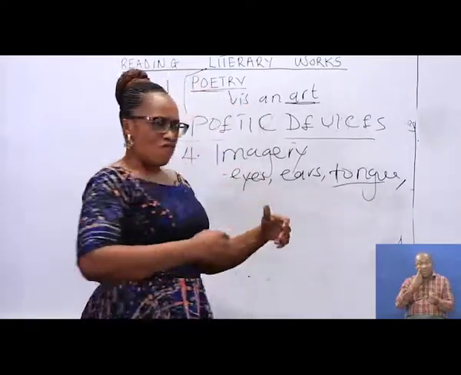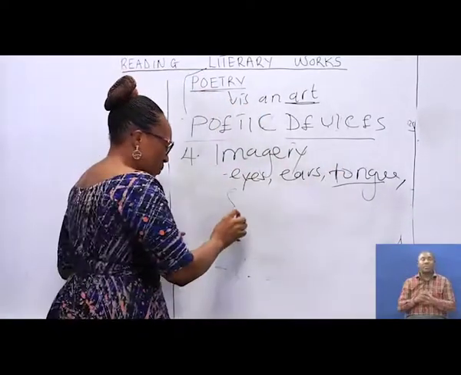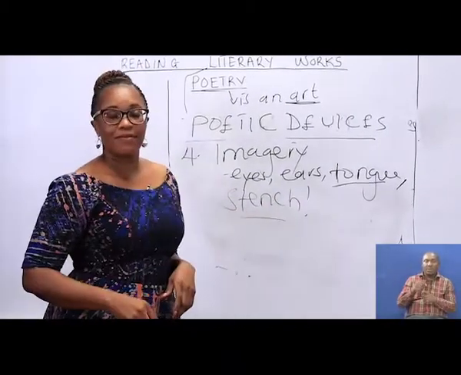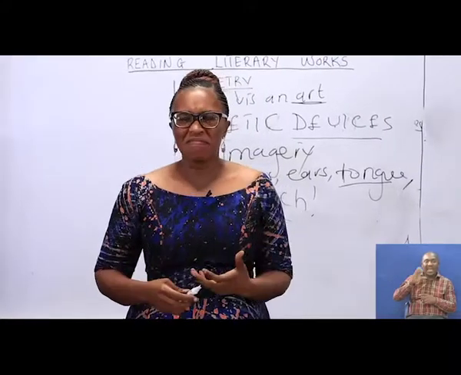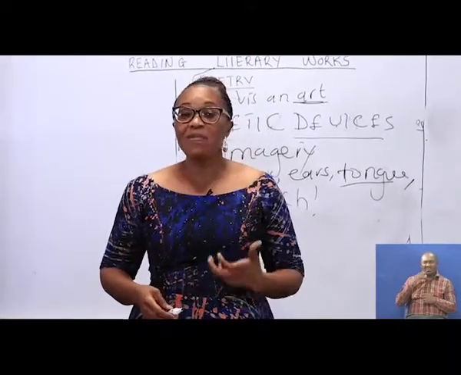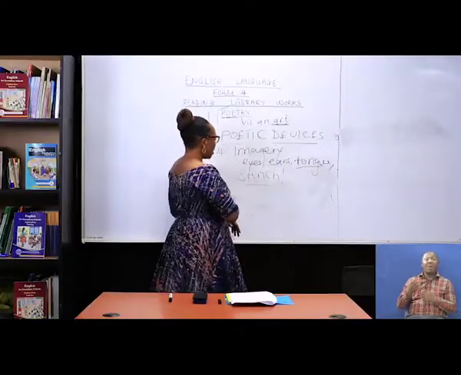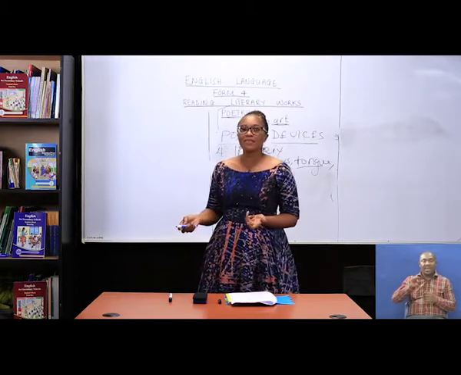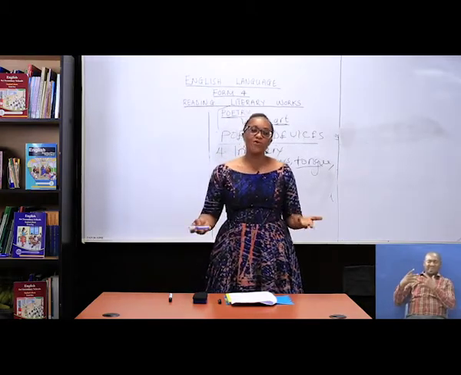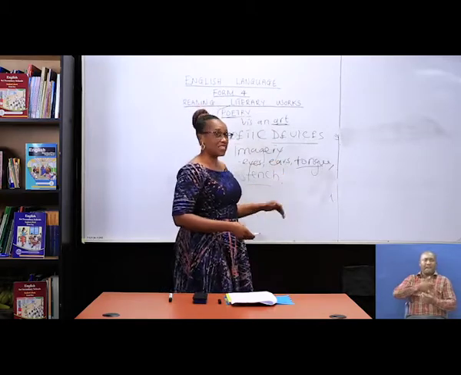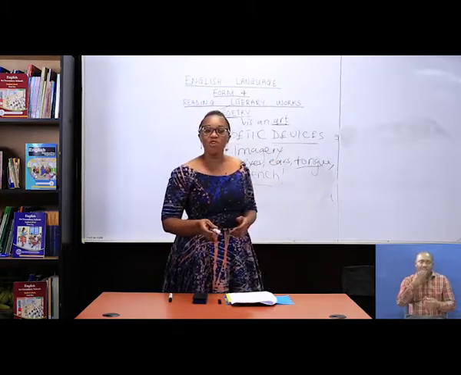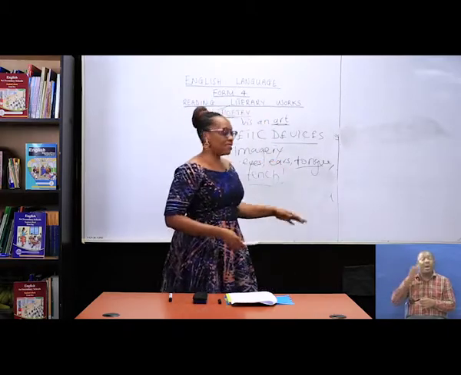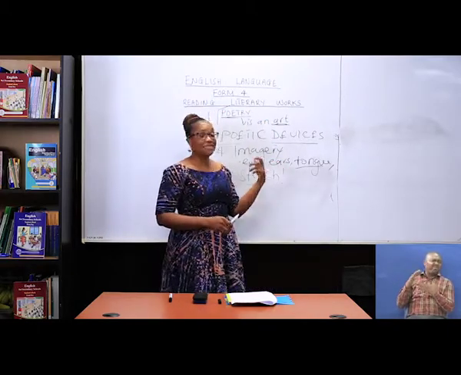If a poet uses the word, for example, stench, that's a bad smell. But if you say the word smell, you're like, which one? Perfume, food. But if we use specifically stench, you can even go, because you know stench is a very bad smell. So that is imagery.